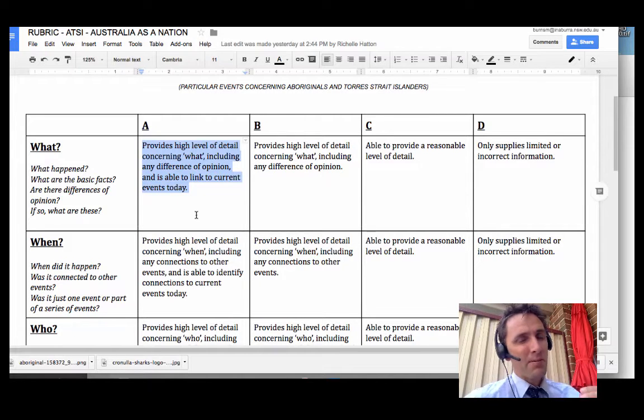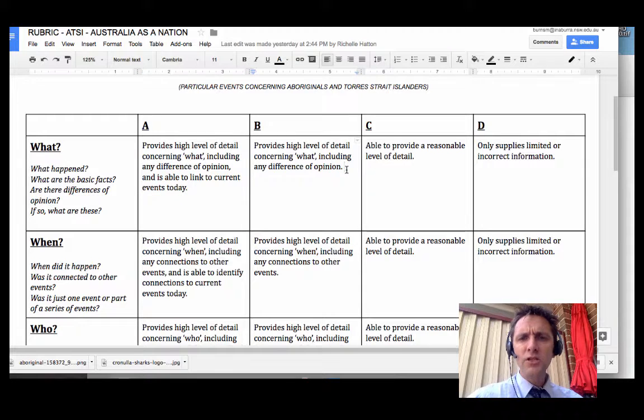History is often people arguing about what history is and means, and perhaps you're able to link to current events today. So are there any links to what you are researching to today's society? Is it still a live issue? And I know in many cases it is. So some of you might be able to work that out.